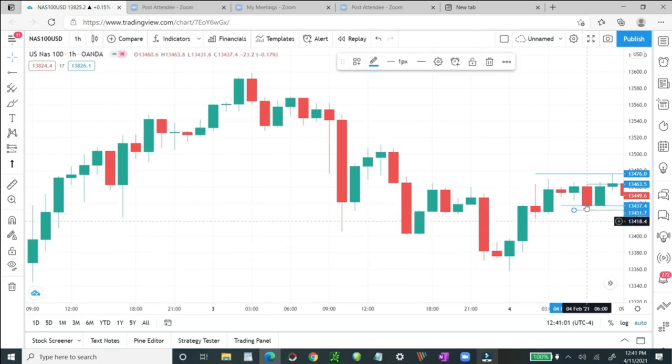You could do it if you want to, but sometimes I don't even put a line at the wick if the body and the wick are very close. So this is a tiny wick, so sometimes I just leave a line at the body. But if it makes you feel good, you can actually put a line at the low of the candle in the body. Now to me this is very close to this level, so I'll probably just leave it.